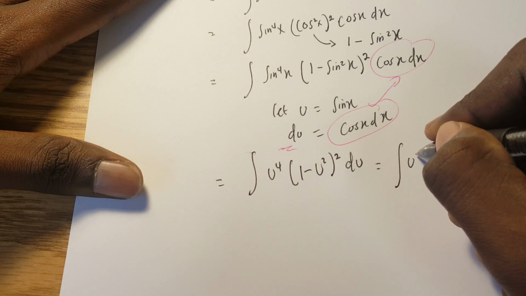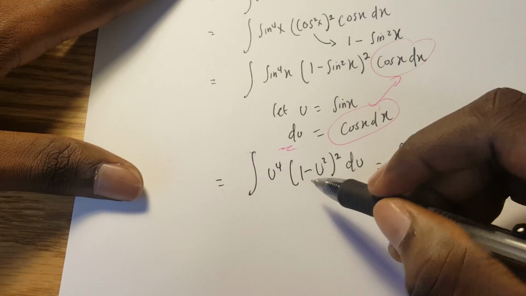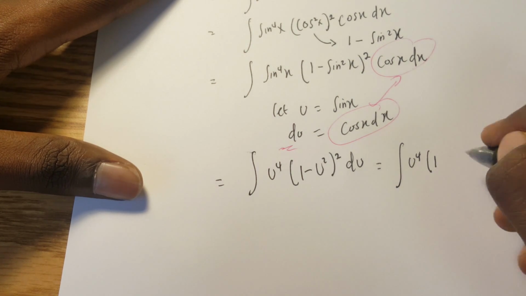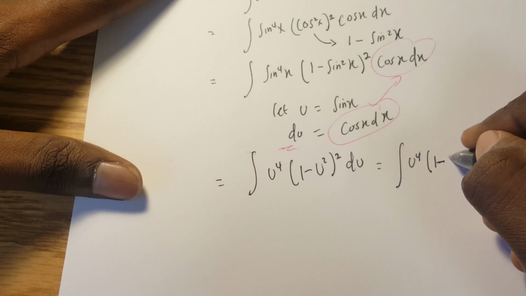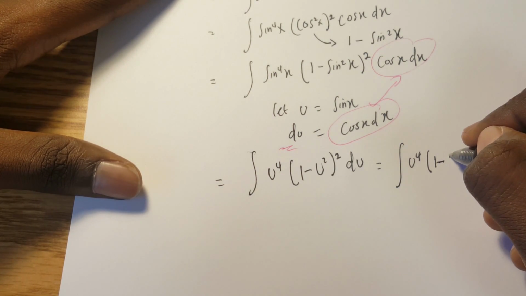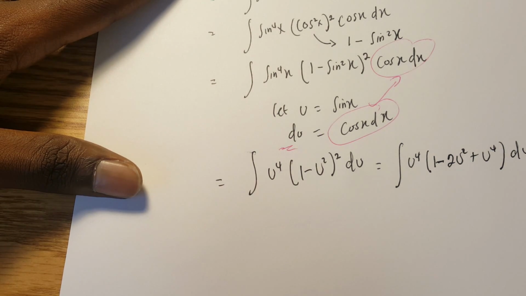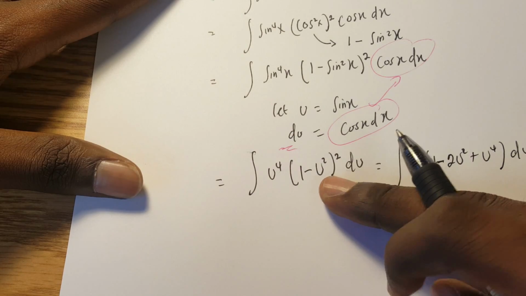You're going to have u to the 4, then 1 times 1 is 1, and you're going to have 2 of those. That's FOIL. I don't even remember how FOIL is done. All right. So 1 minus 2u squared plus u to the 4th, du, because this is going to multiply itself.